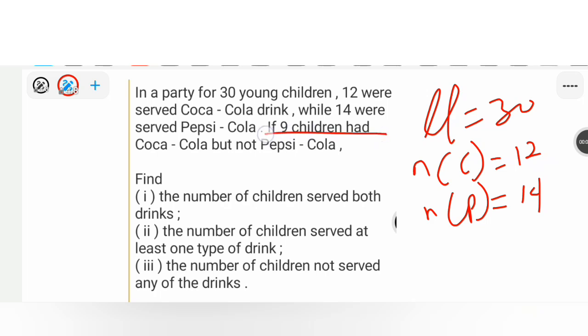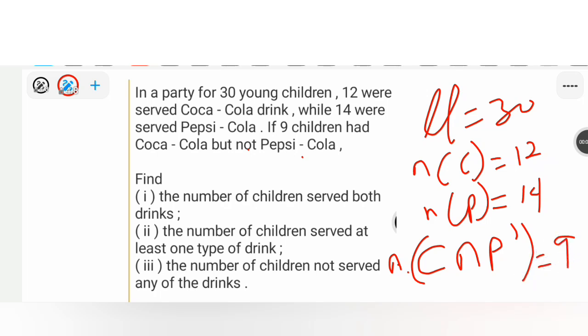If 9 children had Coca-Cola but not Pepsi, that means Pepsi is being cut out. So you're going to do it like this: C intersection P prime. But not Pepsi means you're cutting Pepsi out. So just put n here. So this will give you 9, as you can see on the question.